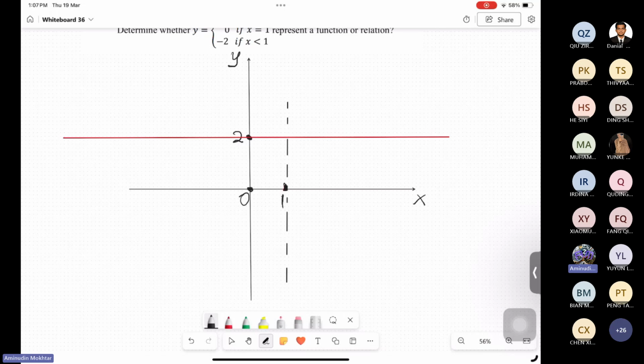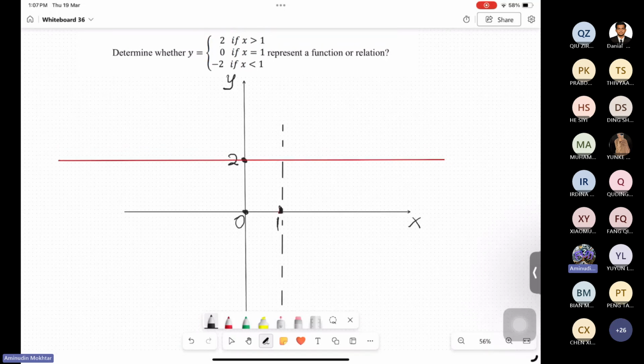So for y equals 2, this line only exists if x greater than 1.